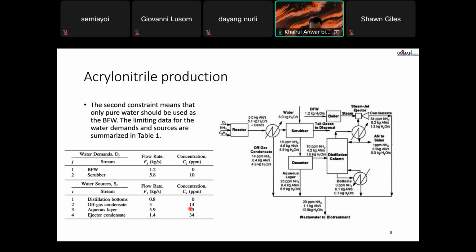So the BFW must use pure water based on the constraint. The limiting data for the water demand and water source are summarized in table 1.